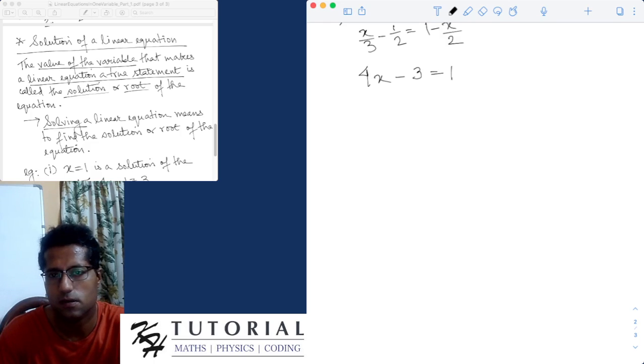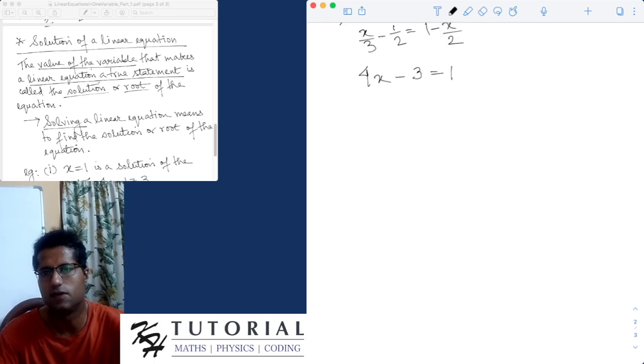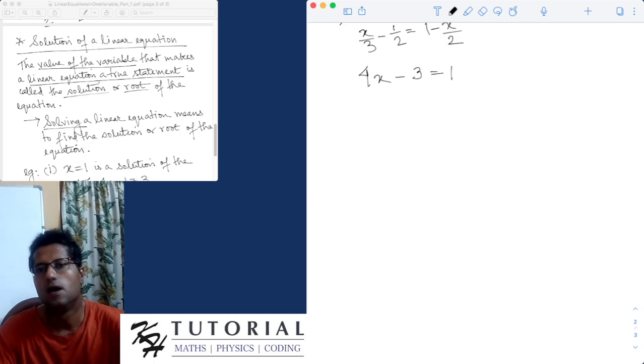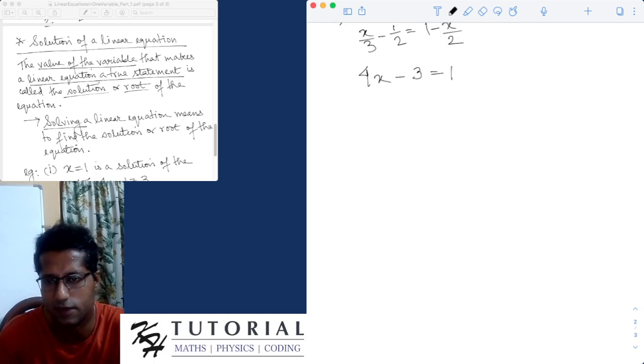We need to see what value of x satisfies this equation. What is meant by satisfies this equation? If we put that value of x in this equation, then the LHS and the RHS should be equal. That is, in this case, the LHS should come to 1.